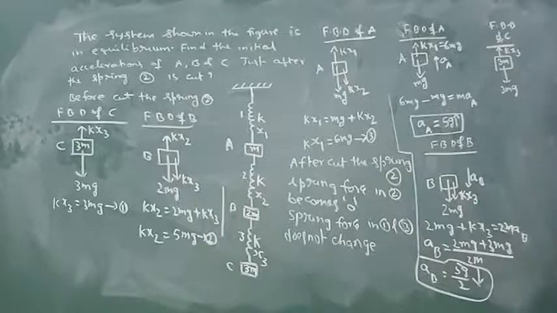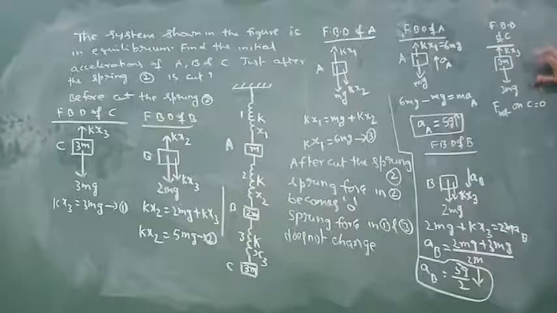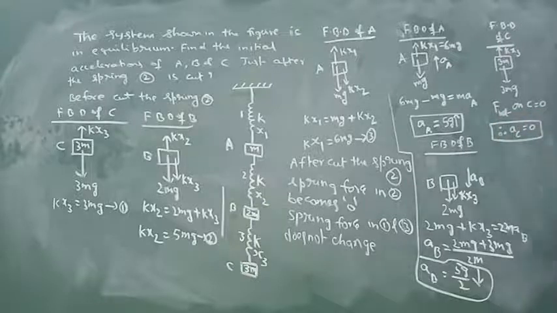These two forces, 3mg and Kx3, are found to be equal, therefore there is no net force. F net on C is equal to 0. Therefore aC is equal to 0. So these are the answers for the accelerations of A, B, and C just after cutting spring number 2. I hope that all of you understand this problem.